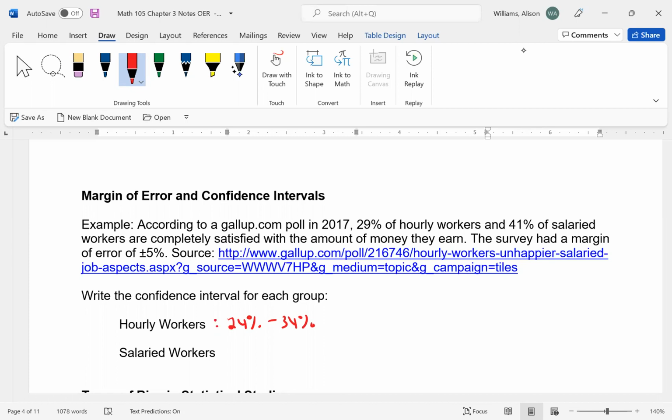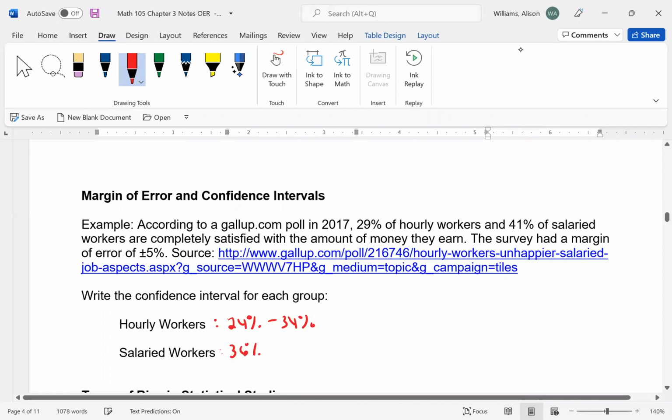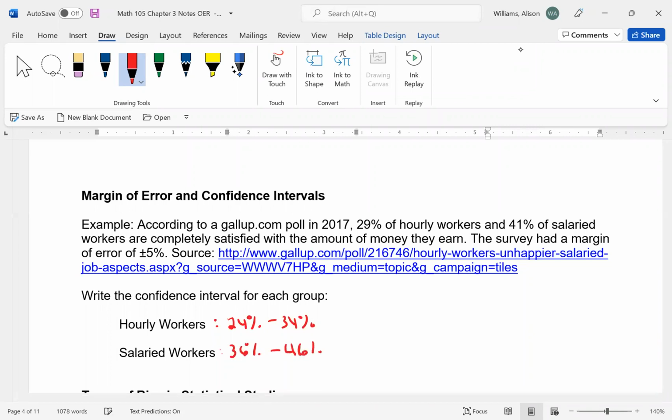For salary workers, that would be as low as, so salaried workers would be then 5% below the 41, which is 36%, and all the way up to 46%, 5% above that. So that's what they mean by the confidence interval for this.